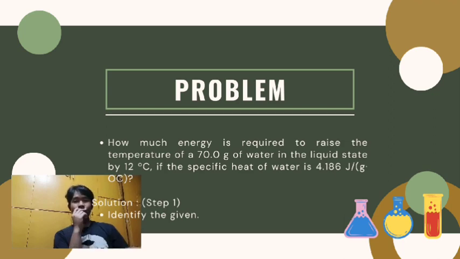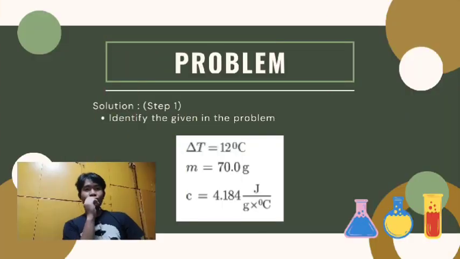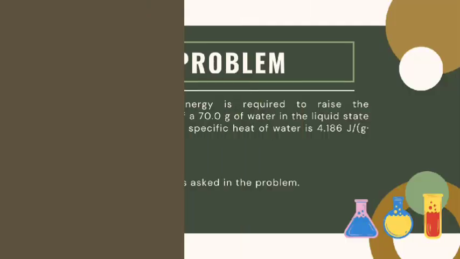So the first step is to identify the given. The given in the problem is change of temperature equals 12 degrees Celsius, m equals 70.0 grams, and c equals 4.184 joule per gram degree Celsius.